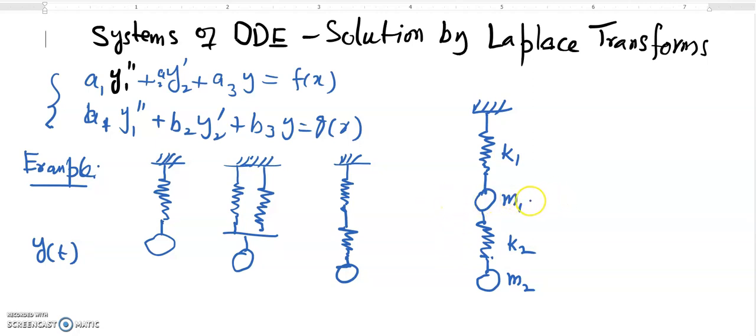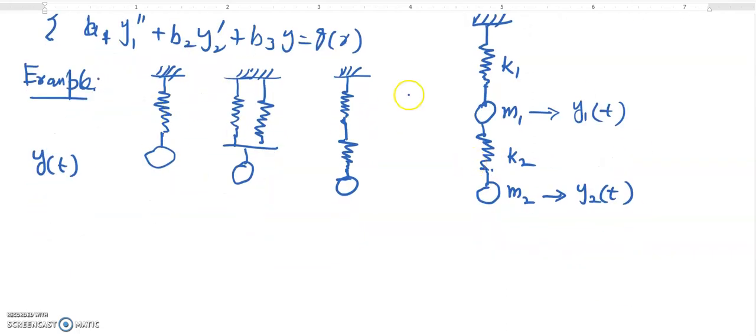So we can represent the motion of m1 by y1 with respect to t, and the motion of m2 by y2 with respect to t. For this type of situation, we can set up two equations.